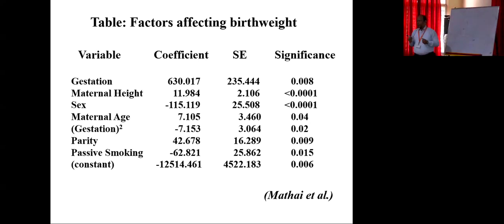So when you put GA square, the GA square has a negative regression coefficient. What it does is, one allows you to go higher, say, for example, like this, it will go here like this. The minus part will taper it down. So you get a curve like that.